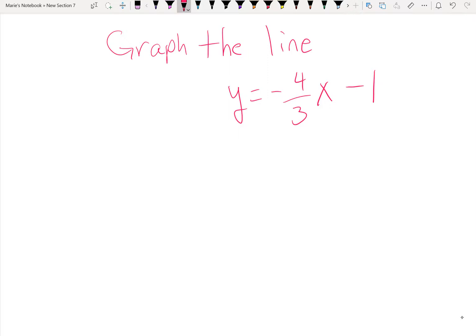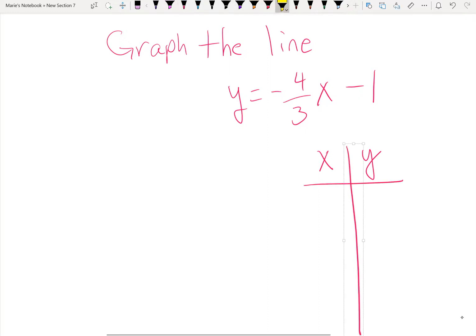The easiest way, and I always say the easiest way, is to start with the intercept, since they give you the equation in slope-intercept form. There's your slope, and there's your intercept.